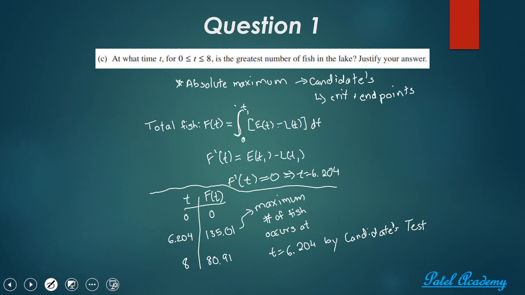Alright, and technically the work that you've shown should be enough, but just in case, it doesn't hurt to include the candidates test in your final answer as well. And so that's my final answer.